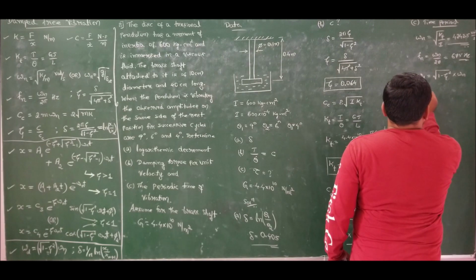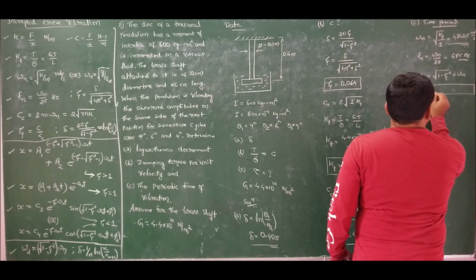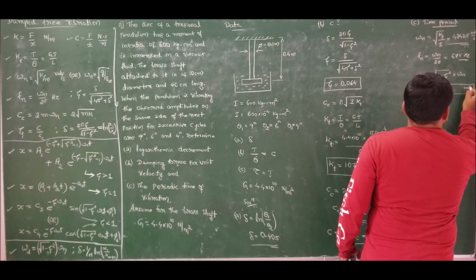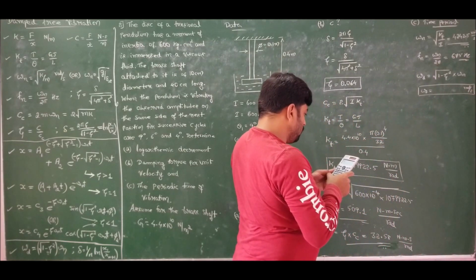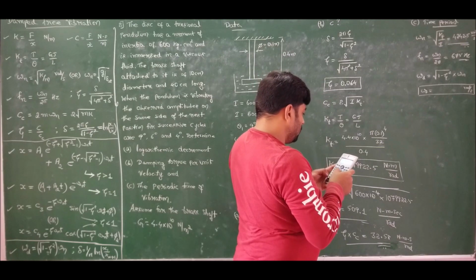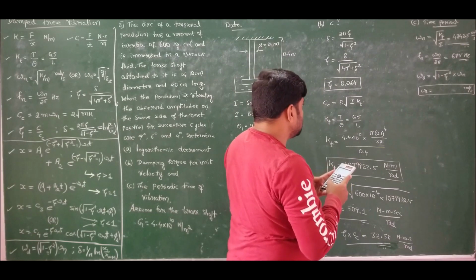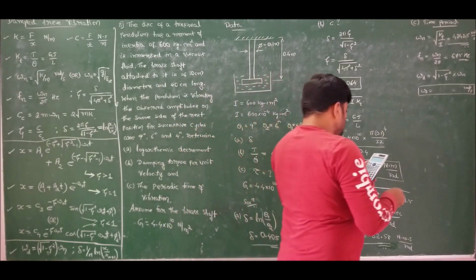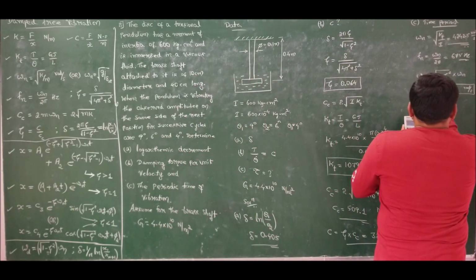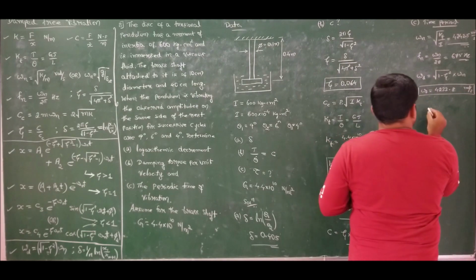So hence damped natural frequency for this problem in radians per second will be how much? 4242.5 into square root of 1 minus zeta square, that is 0.064 square, which is turning out to be 4233.8 radians per second.